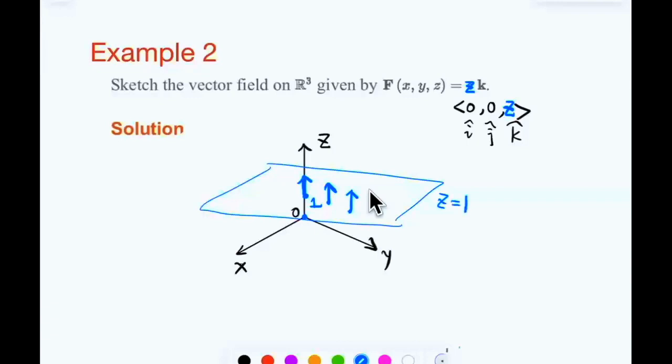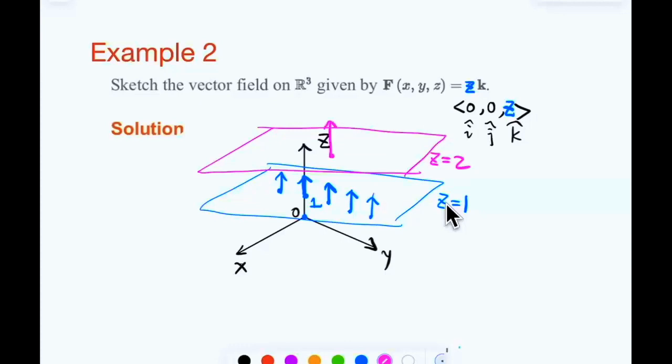Then all the vectors will point upward and have magnitude 1. Then what if you have a plane with z equal to 2? How does the vector look? It's going to point upward 2 units, right?